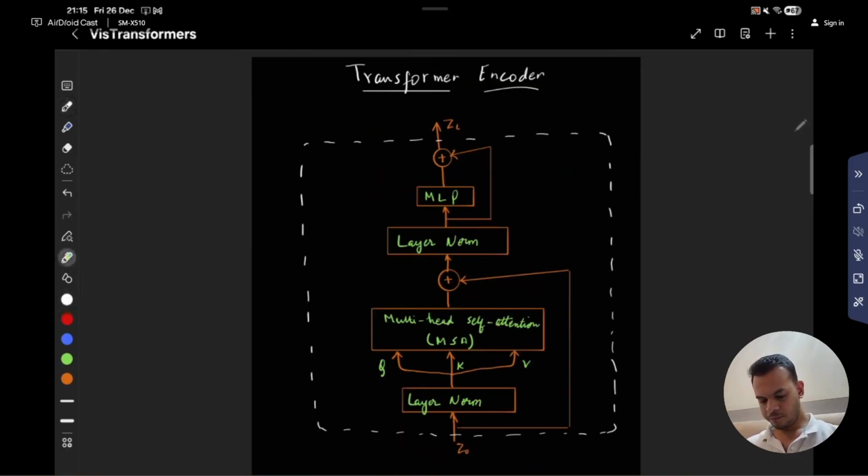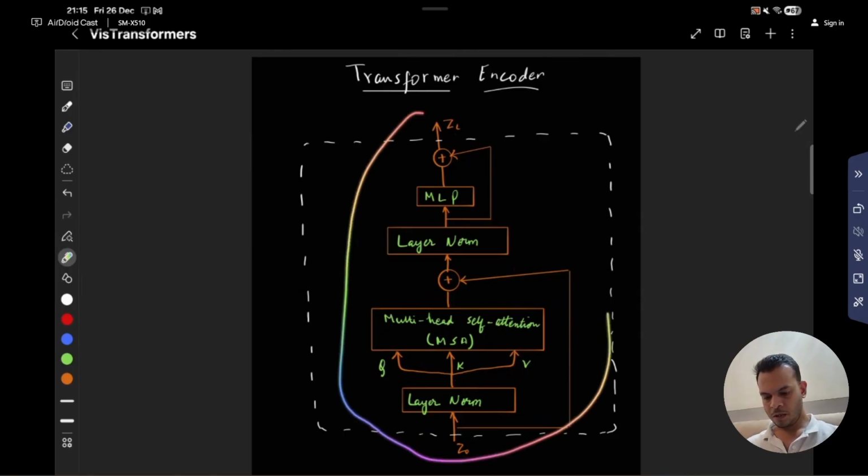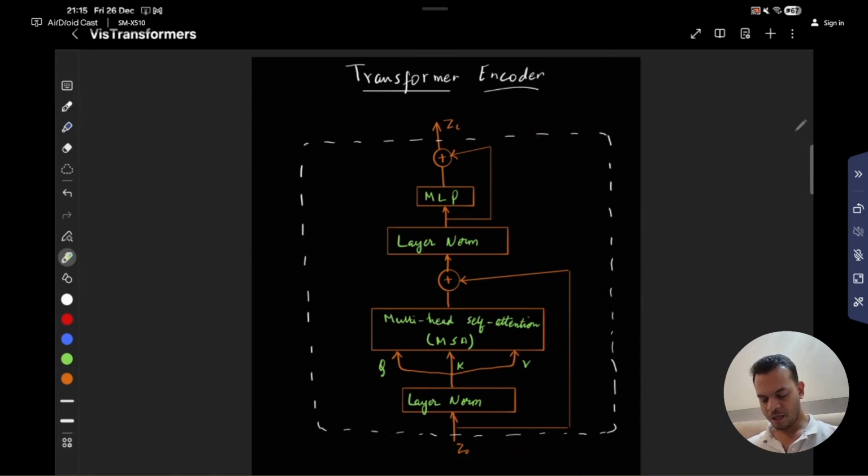Now we'll be seeing about the multi-headed self-attention and how that works. But before we get into that, we will just go over this whole transformer encoder block in brief to understand what's happening here.